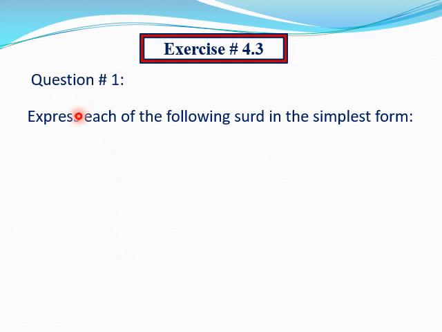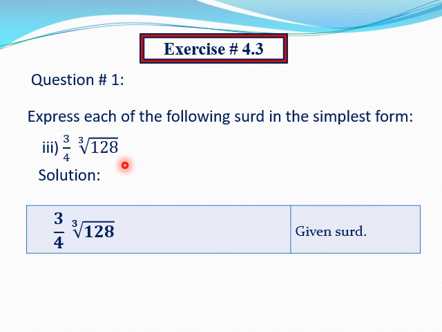Next, question number 1. Express each of the following surds in the simplest form. Part 3, that is 3 by 4 into cube root of 128. Solution. First of all, the given surd is 3 by 4 into cube root of 128.